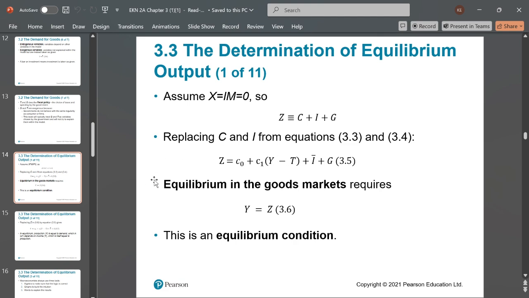So when we say there's equilibrium in the goods market, we are basically saying that the income is equal to the demand. That is the equilibrium condition, and it's very important to state this, because you are most likely going to get a mark for this.